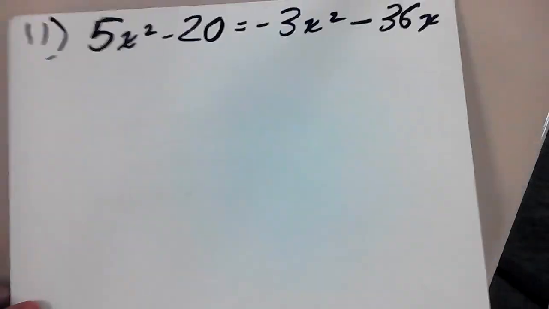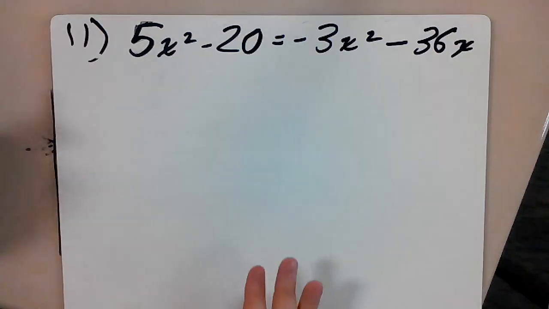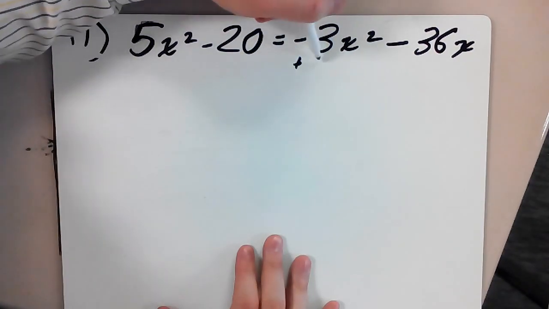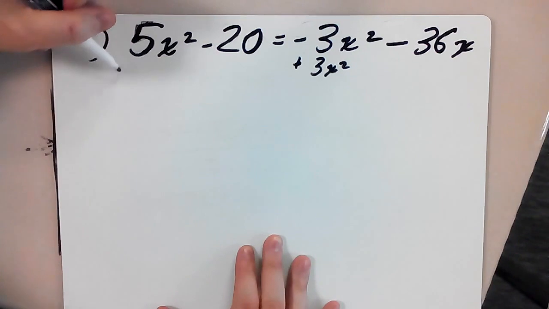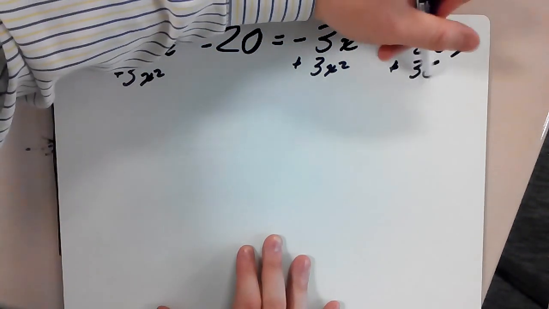Okay, next. Number 11. Let's make sure you can see that. Okay. So now what I'm going to do is add 3x squared, add 3x squared, add 36x.